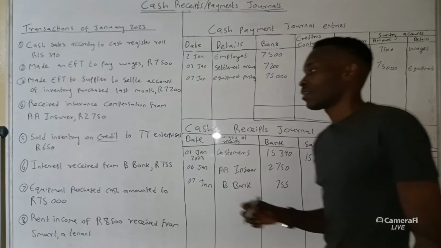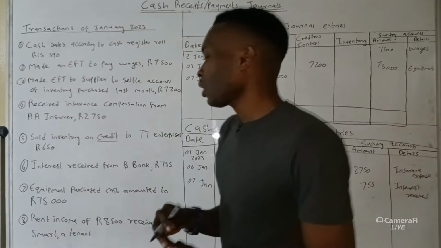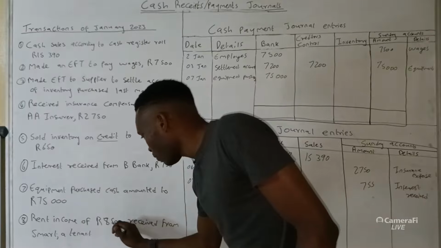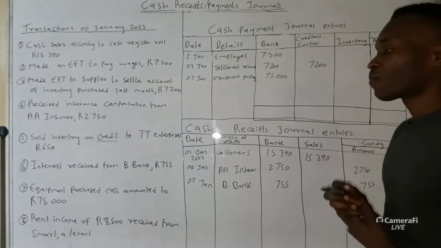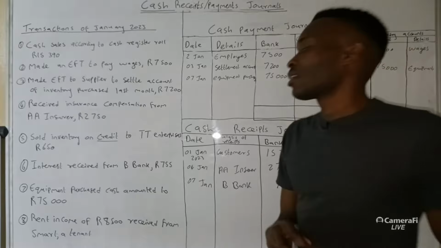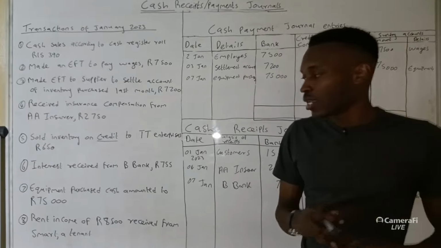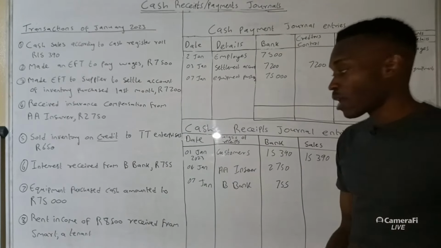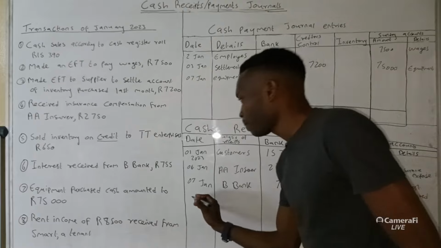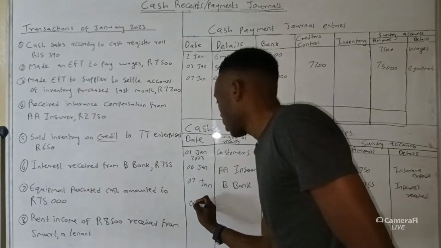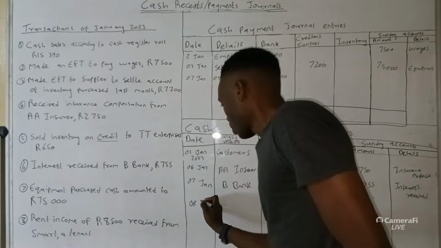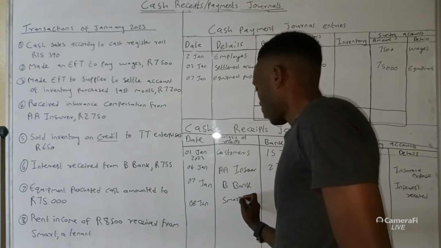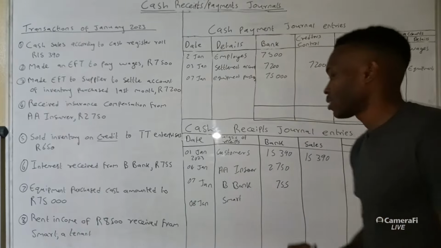Simple as that, guys. Okay, then the following one, a rent income of 8,500 received from Smart, a tenant. We receive rent from a tenant called Smart, which means that our cash receipt is going to be affected because we receive cash. Okay, we receive cash on 8 January from Smart, or you can just write a tenant, it's fine.